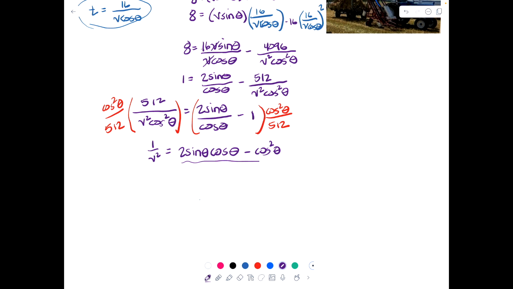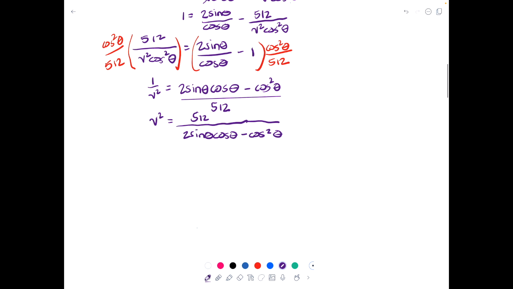All of it's going to be over 512 because they were both being multiplied by 512 in that denominator. And then flipping to get V squared on top, we will have 512 over 2 sine theta cosine theta minus cosine squared theta.